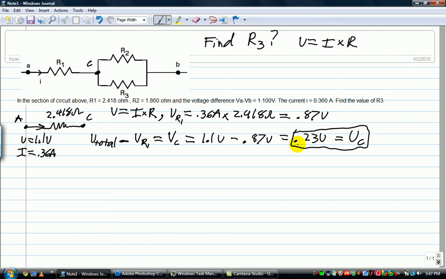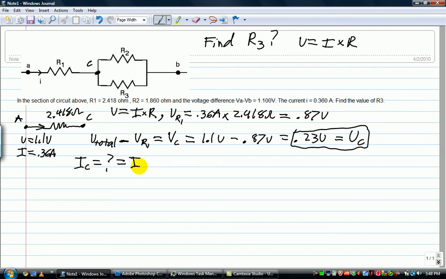Now, we know the voltage at that point. What is I sub C? Well, if you remember in class, as our teacher would say, current is not used up in a series branch. And so the current at A is equal to the current at C, because no current is used up essentially when we're going across this resistor, and there are no other branches for the current to go, so it's just one value.